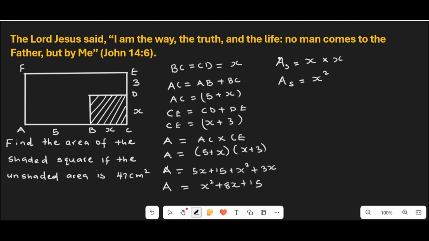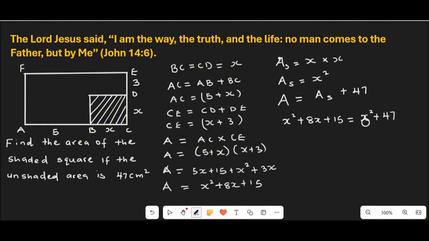So area of our rectangle, which is A, equal to A sub x, area of our square, plus 47, area of unshaded region. So our A is this. So x squared plus 8x plus 15 equal to our A sub x, which is the area of our square, x squared, plus 47.